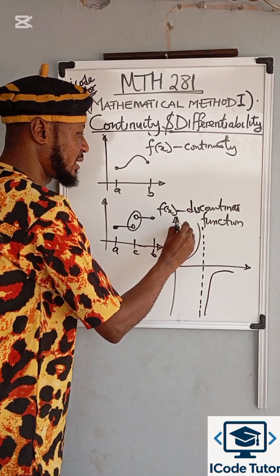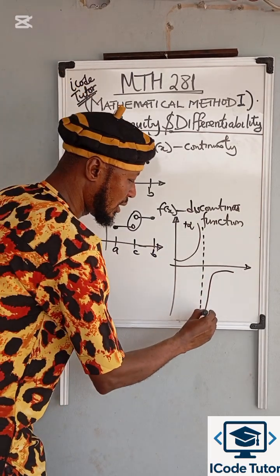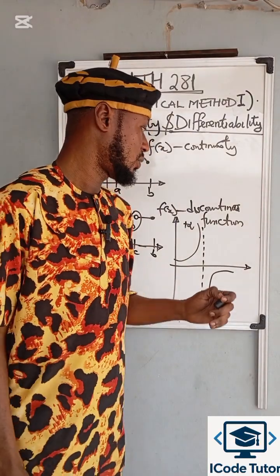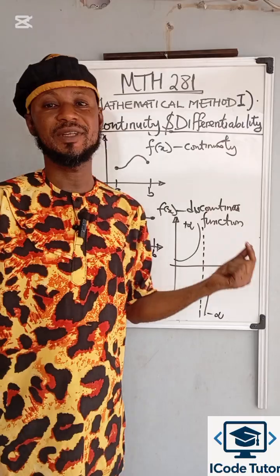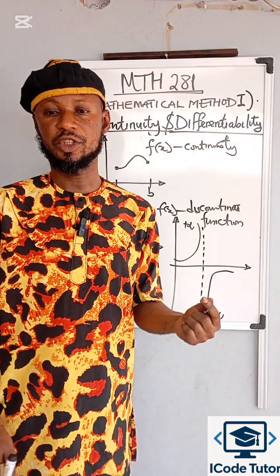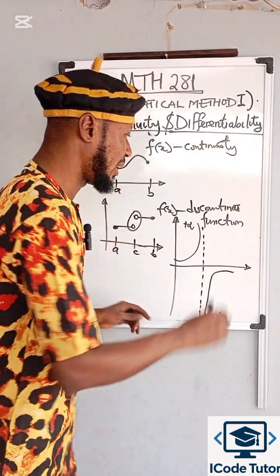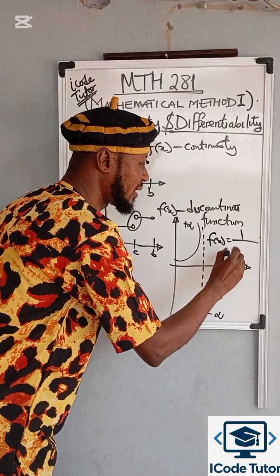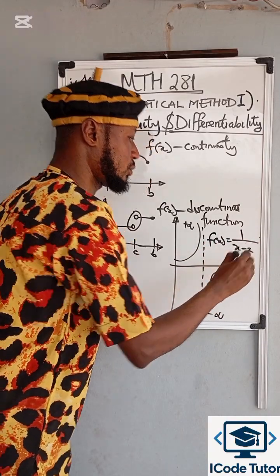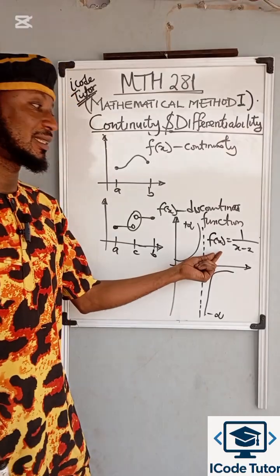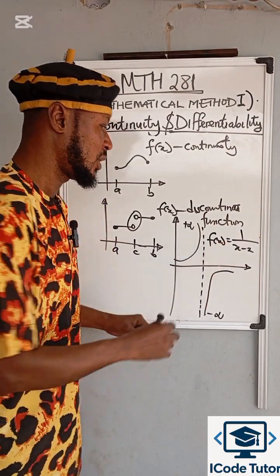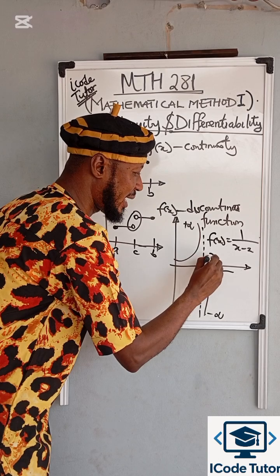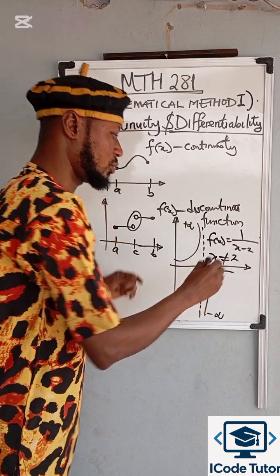Now we refer to this as positive infinity and here as negative infinity. We regard this as an infinite discontinuity. Now let's say you have a function f of x equals 1 divided by x minus 2. We regard this one as a rational function. Here, x does not equal 2. Why?